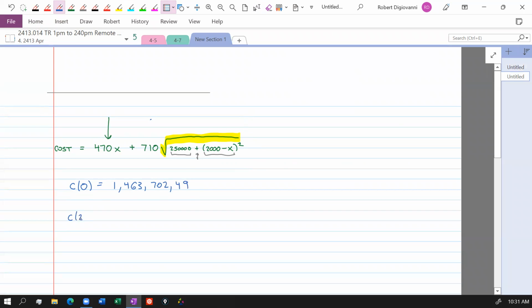Now the cost at 2000, if we let x be 2000, would be 470 times 2000 plus 710 times the square root of 250,000. And then notice when we plug 2000 in right there, it kills that off. We just get 0 squared, which is 0. So that's it right there.